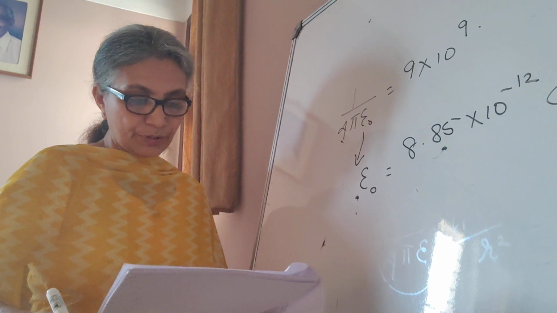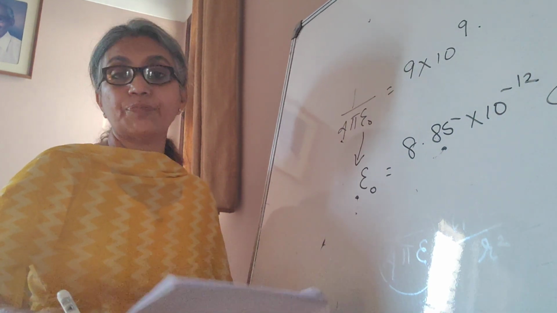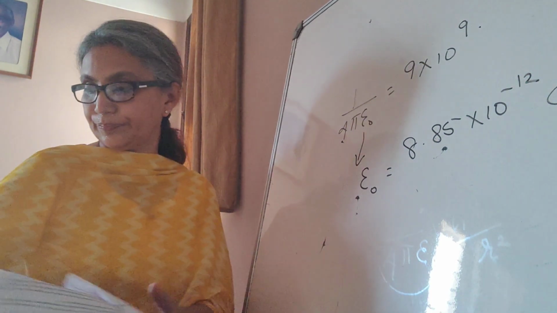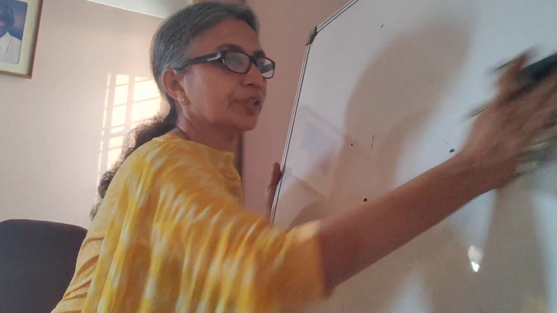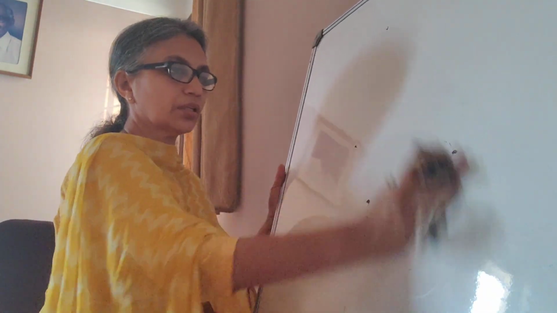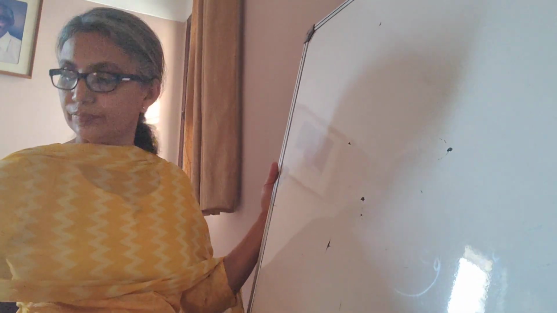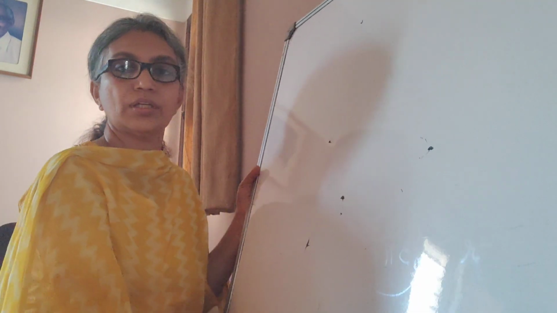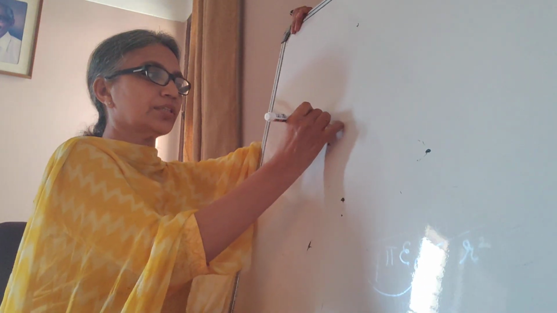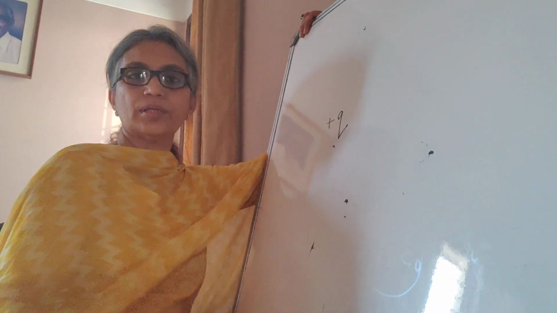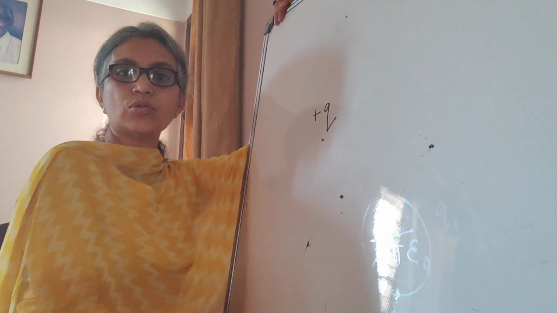Now if you look at your first page, the last topic that I've printed there is the electric field. Let me now explain to you what we mean by an electric field. Now suppose I keep a positive charge, let's say plus Q. I'm going to call it a source charge.